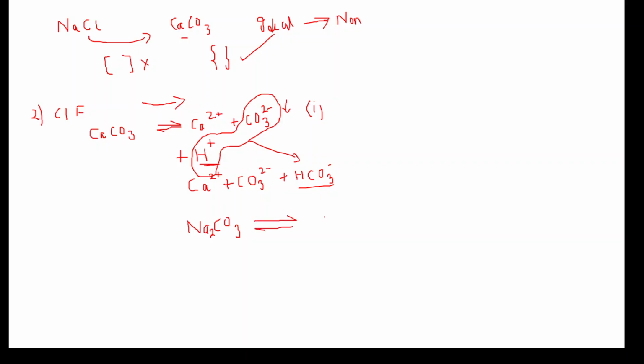So the concentration of this will overall increase, right? Therefore, the equilibrium will shift in the backward direction for both the cases. So we will see more precipitate of CaCO3. So this process is called common ion effect.